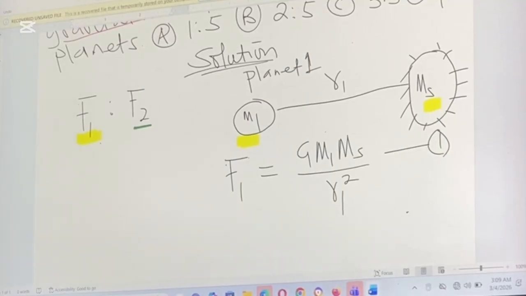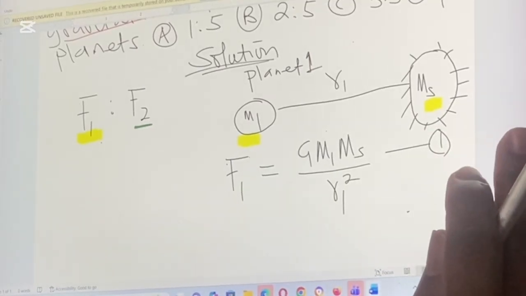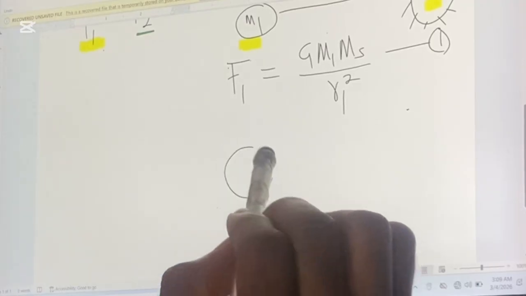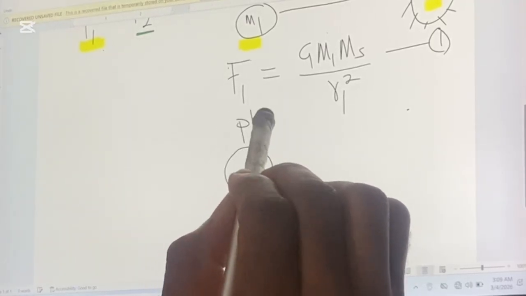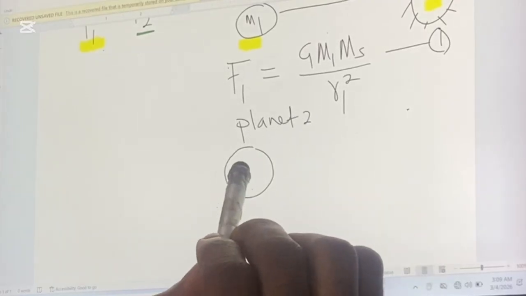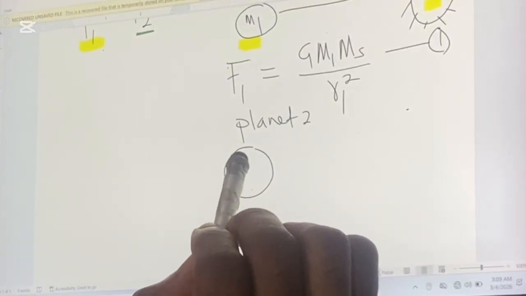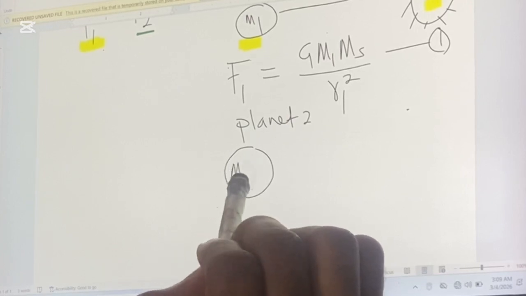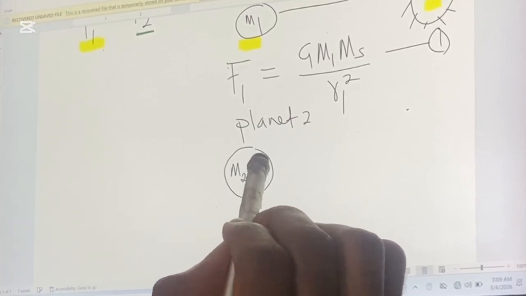Now let's interpret the second one here. The second one is planet 2. Planet 2 is having mass M2, and that M2 is 10 M1.